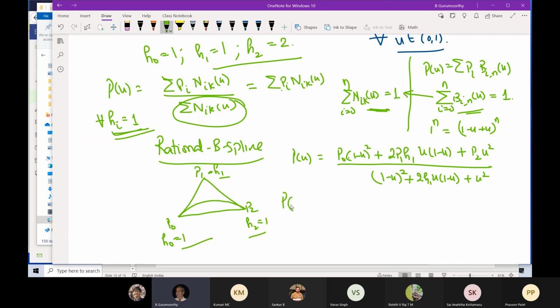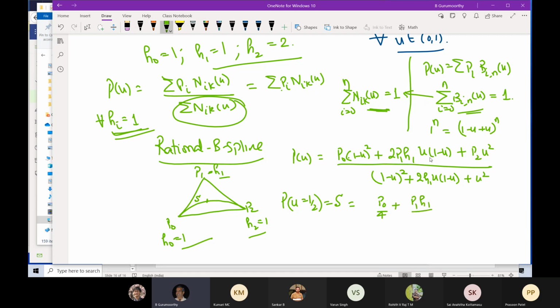I now do something that your friend did for the question that I had asked, which is to evaluate this at u equals half. So let's say that point is this point S. So I'm finding S, and I plug u equals half here, what do I get? So this is P0 by 4 plus P1 h1.